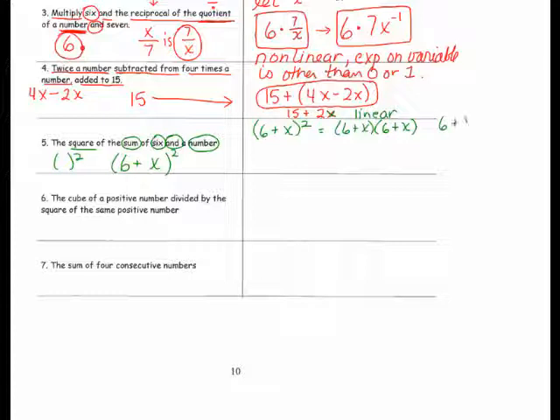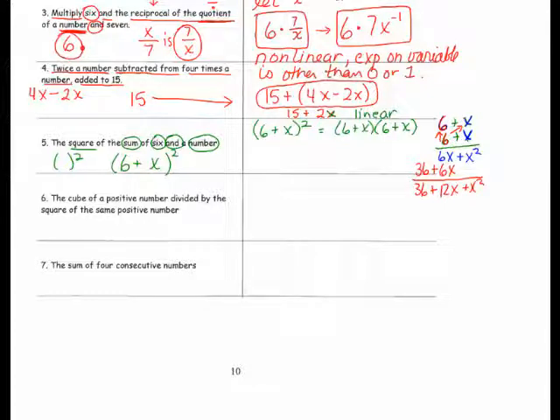We have 6 plus x multiplied by 6 plus x. So we have x times x, that's x squared, and then x times 6 is 6x. Next, we multiply by 6. 6 times x is 6x, and 6 times 6 is 36. Simplify, that gives us x squared, 12x, and 36.